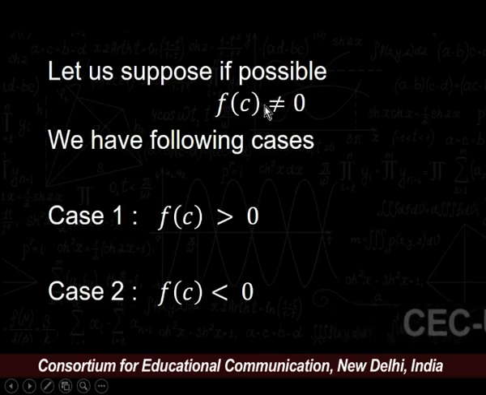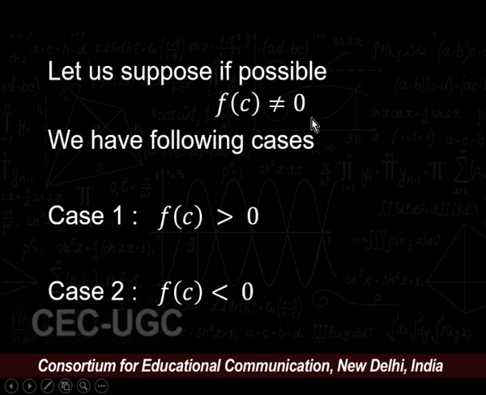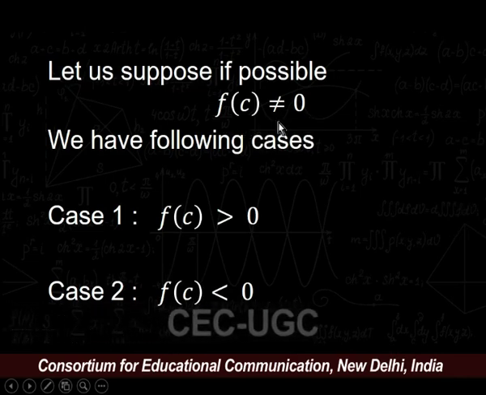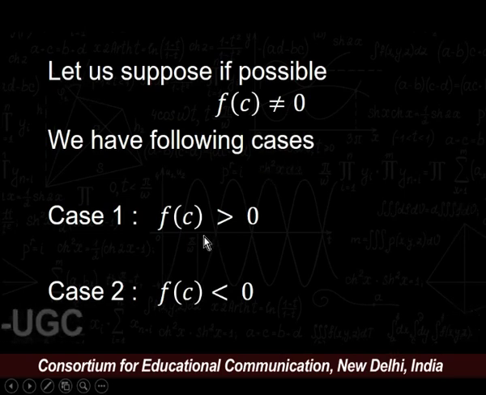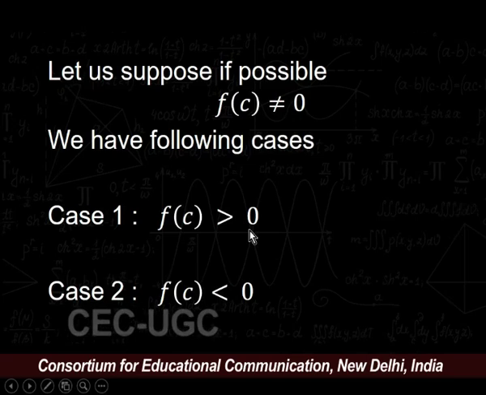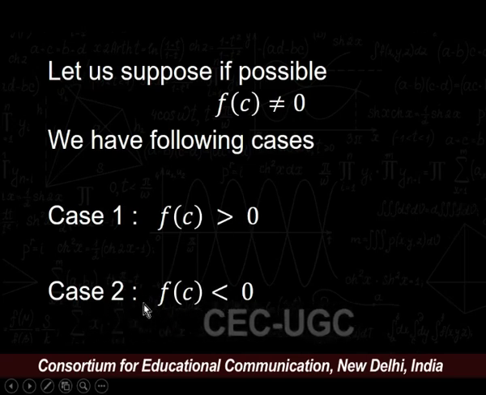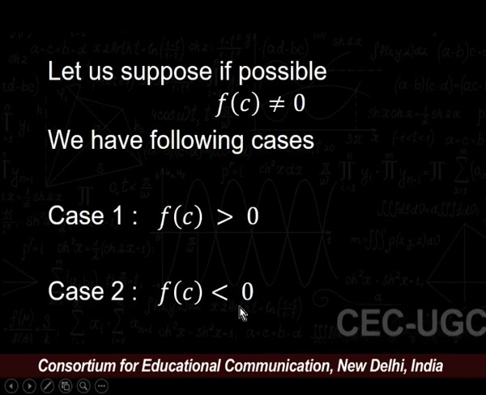Let us suppose, if possible, that f(c) is not equal to 0. So if f(c) is not equal to 0, then we have the following cases. The first case is f(c) is strictly greater than 0, and case 2 is f(c) is less than 0.